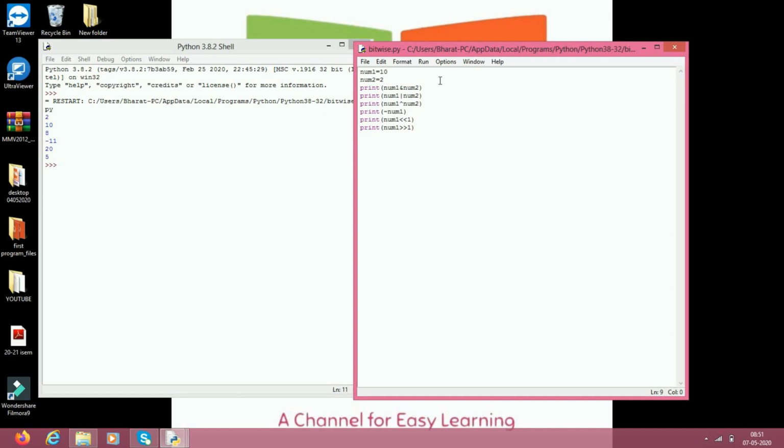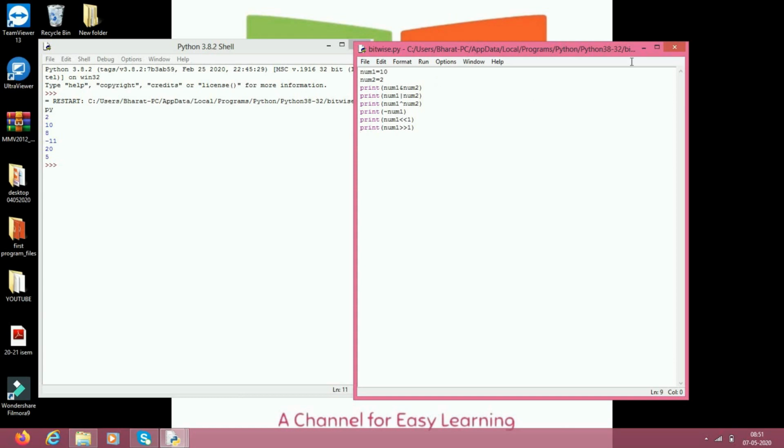So 10 and 2, the AND operation returns 2, and 10 or 2 returns 10, 10 XOR 2 returns 8, negation of 10 returns minus 11, 10 left shift 1 bit returns 20, 10 right shift 1 bit returns 5.